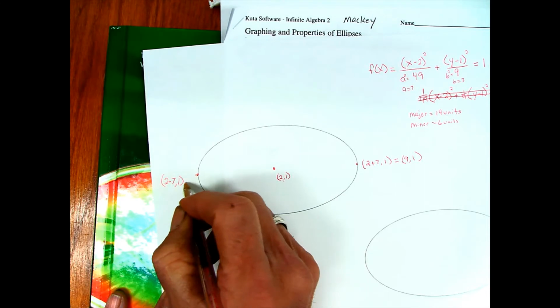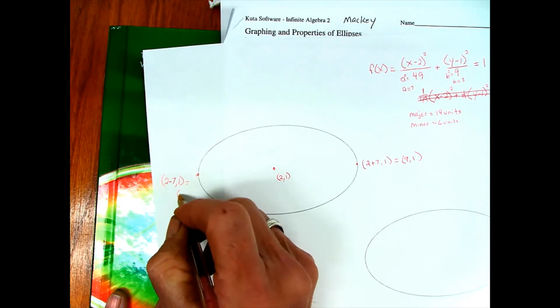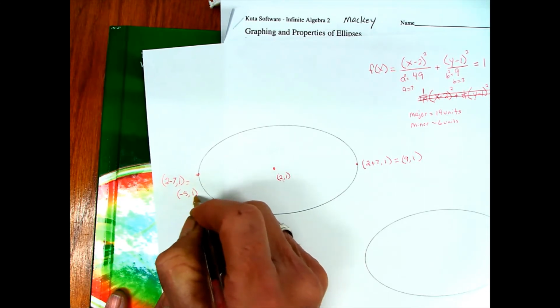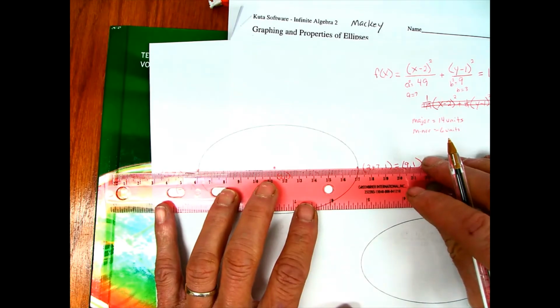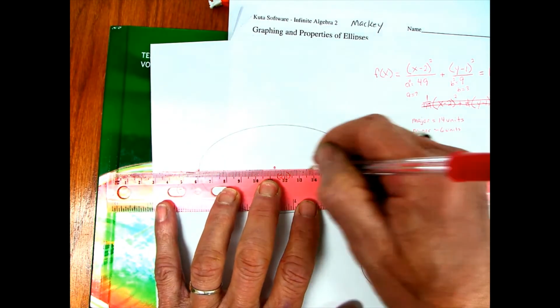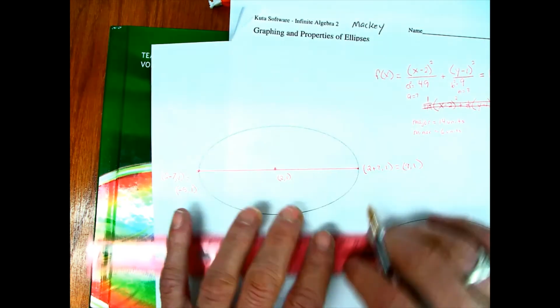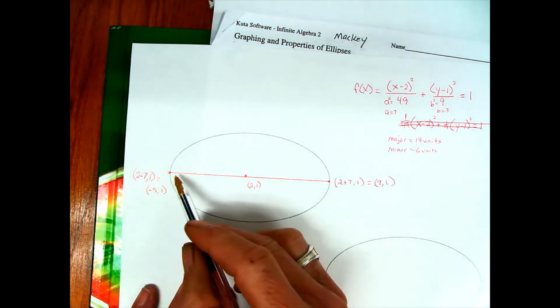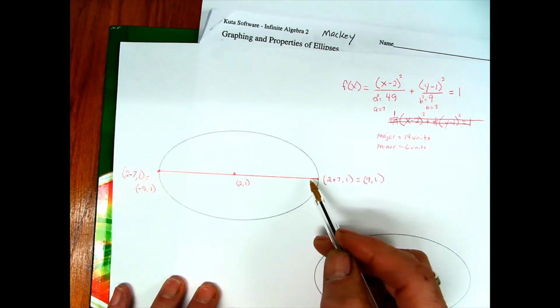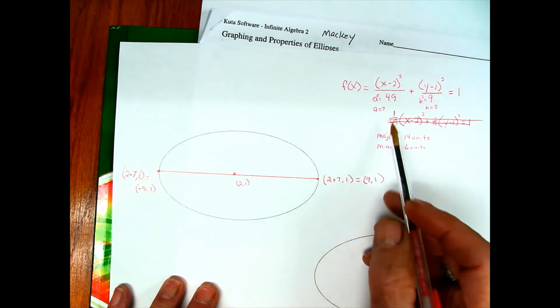So it is the point (-5, 1). I have those two vertices plotted, so now I can draw that axis. If I did that correctly, then this should be 14 units long. The major axis is 2 times A.